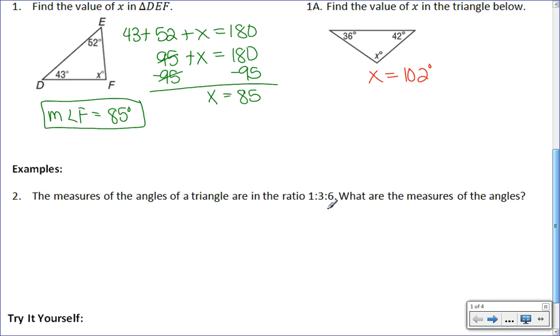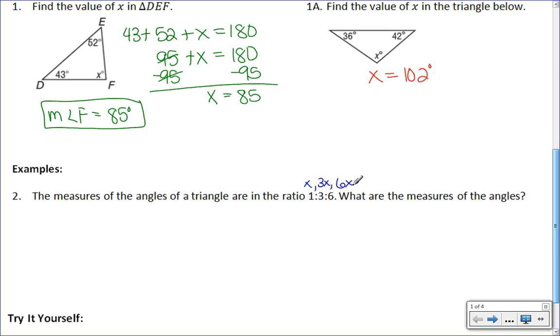So basically we can take this and represent each of the three angles with x, 3x, and 6x. This is 1 times x, 3 times x, 6 times x. Whatever the angles actually measure, it's each of these numbers times the same number.